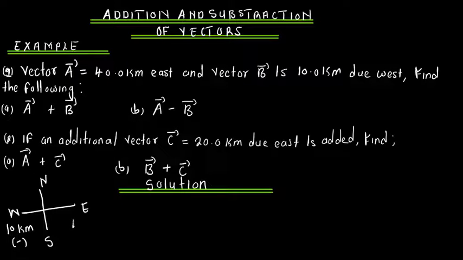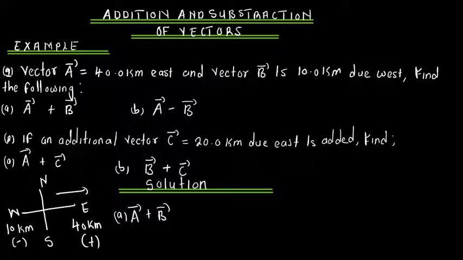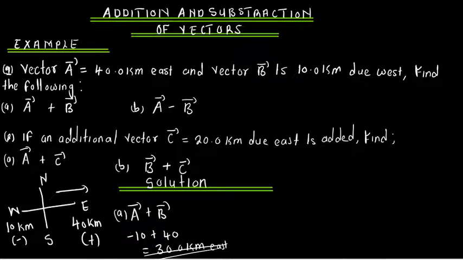A is simply 40 kilometers east. And in this case, it will attain a positive direction because we move in this direction. So, to answer the first question, A vector plus B vector is simply negative 10 plus 40. And of course, this will give us 30.0 kilometers east. And that becomes our final answer.